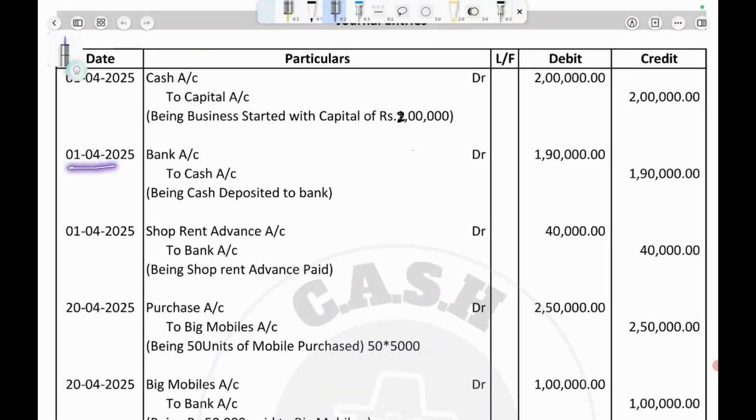On 1/4/2025, since bank account and cash account are both real accounts, we will use the rule of real account only. Bank account debit, because money is coming into the bank account. From the cash account money is going out. So debit what comes in, credit what goes out. 1,90,000 comes into the bank account and 1,90,000 goes out of the cash account.